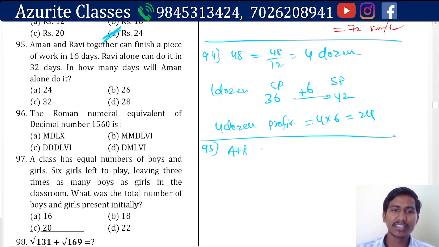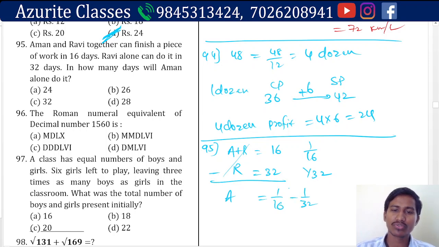95. What we have to do? Aman and Ravi together take 16 days, so 1 day's work will be 1 by 16. Ravi alone can do it in 32 days, so 1 by 32. You have to subtract Ravi, and you will get Aman. So 1 by 16 minus 1 by 32. 16 twos are 32, so 2 minus 1, 1 by 32 is the answer.